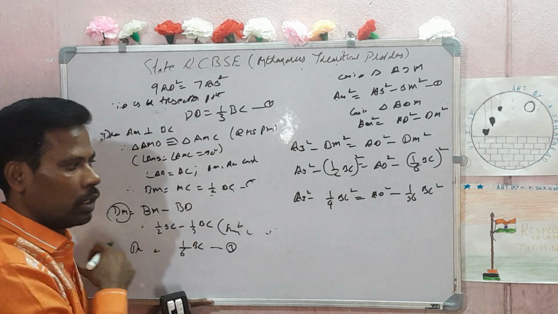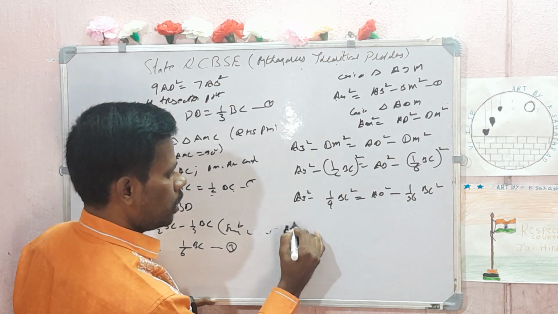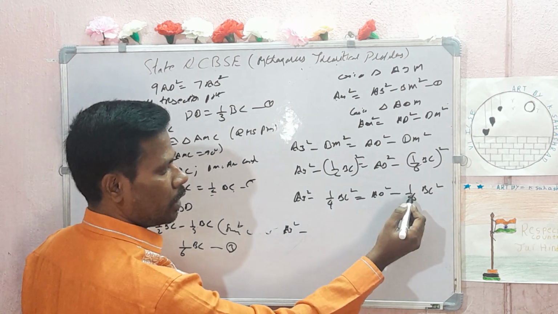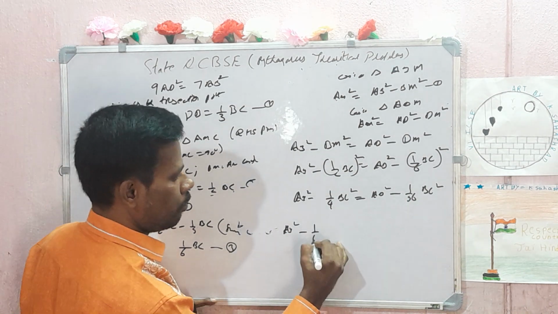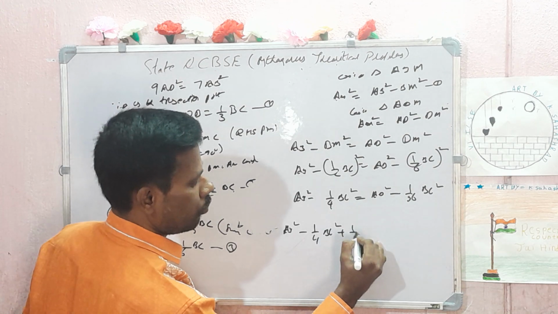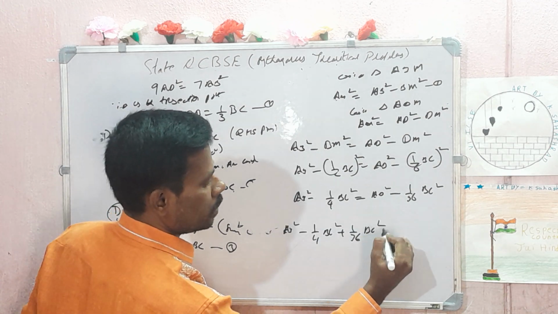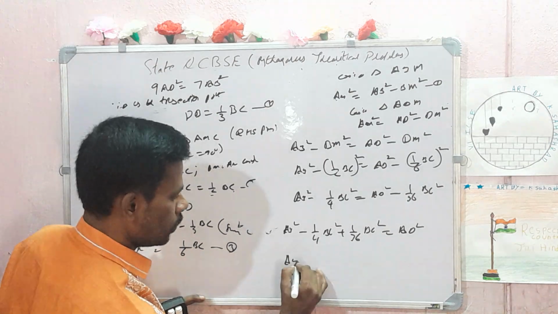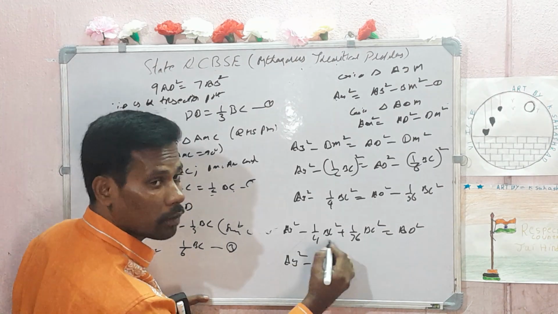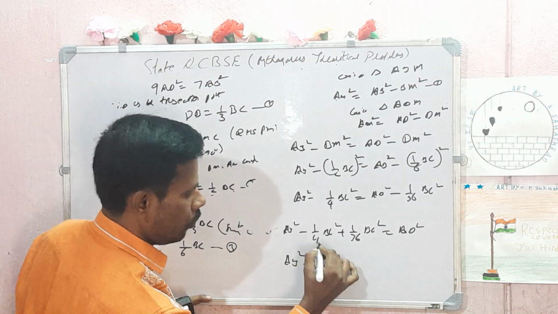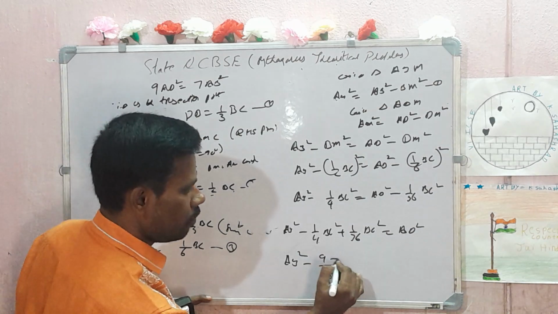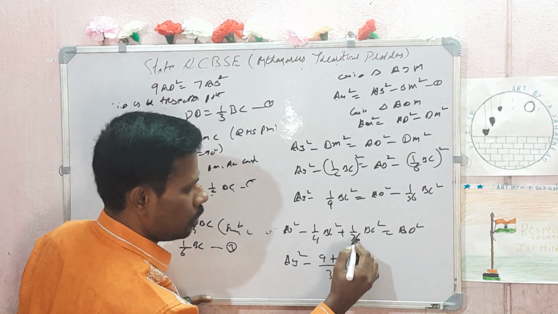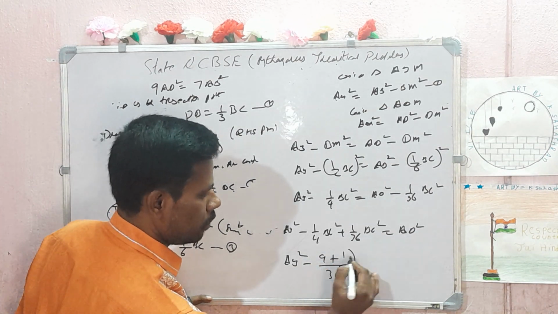Bring this over: AB square minus 1/4 BC square plus 1/36 BC square is equal to AD square. Take the LCM, that is 36.